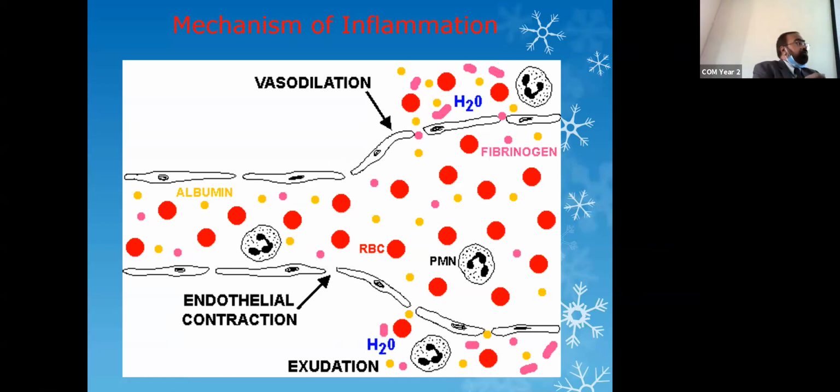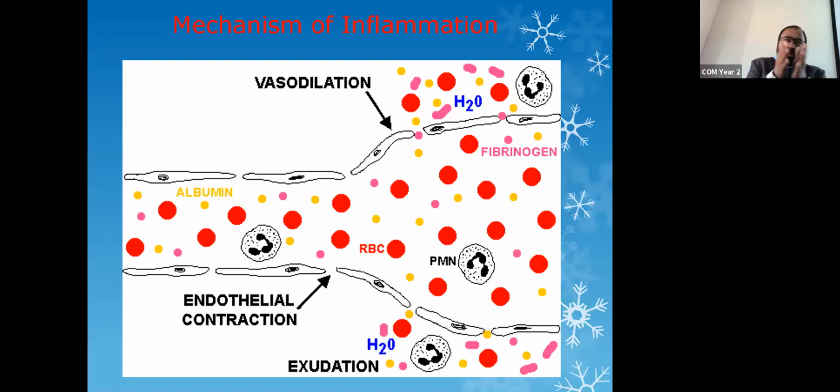Before, it was going as an axial flow. In axial flow, what happens? The bigger cells in the blood vessel are WBCs, meaning neutrophils, lymphocytes, monocytes, eosinophils. They actually travel in the center. Then comes the RBCs.